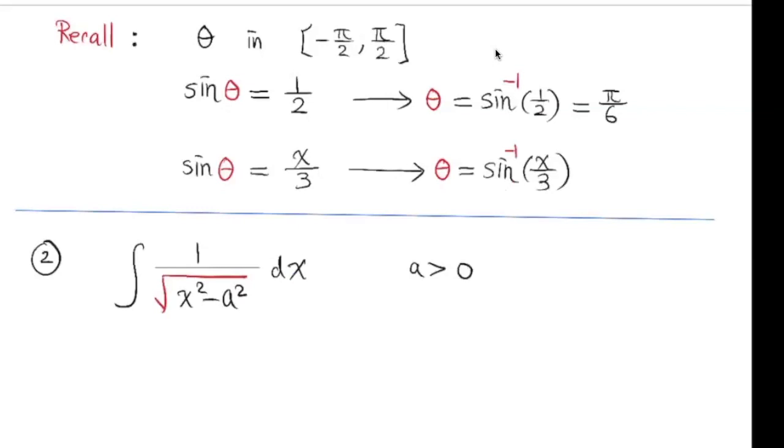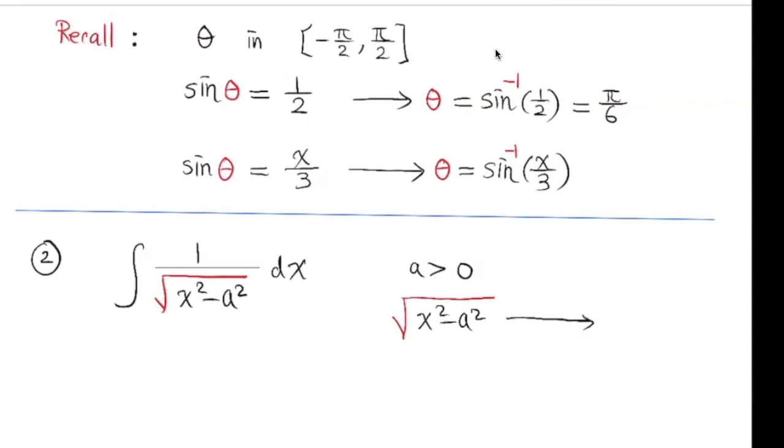Whenever we have 1 over square root of x squared minus a squared, when we integrate that, we can use it as a formula. But how do we deal with this? This one involves square root of x squared minus a squared, so that will make us think about using trig-sub.